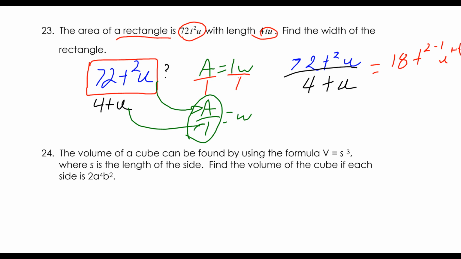There we go, 1 minus 1. Now what we're left with is 18t, and then the u turns to a 1, so that goes away. So we're left with 18t.